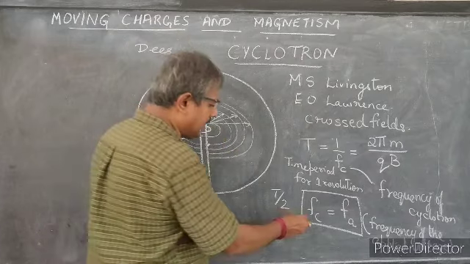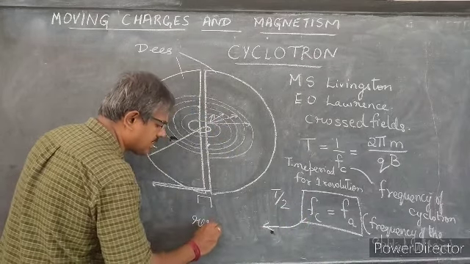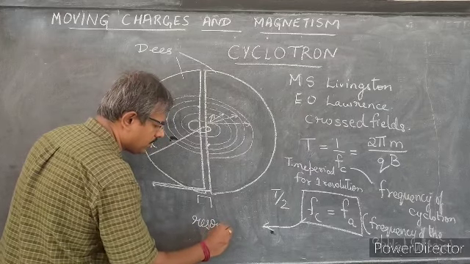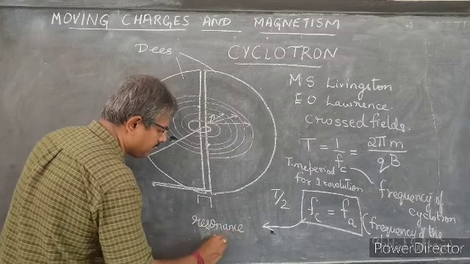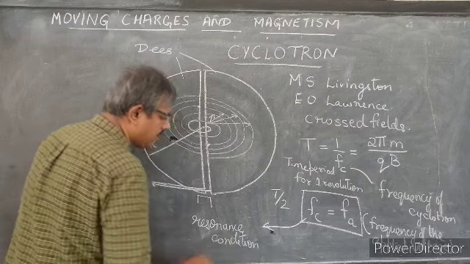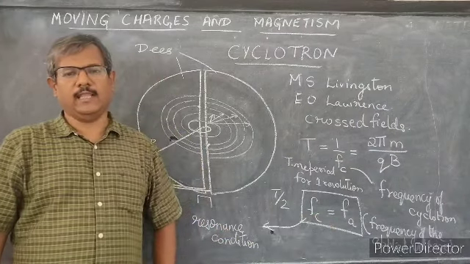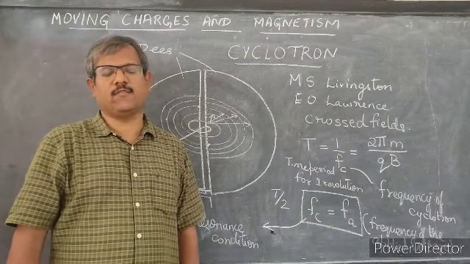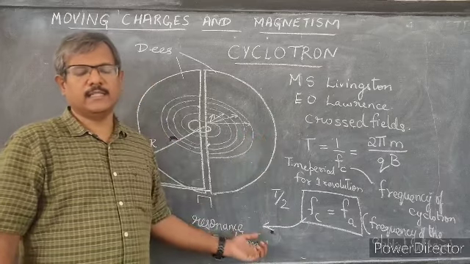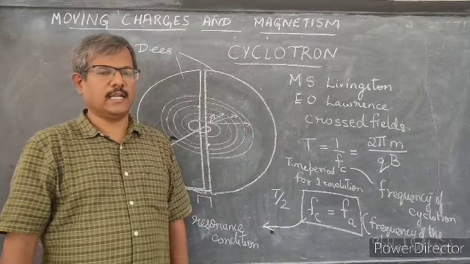This particular condition is what is called the resonance condition. When Fc, the cyclotron frequency, is equal to Fa, the applied voltage frequency of the electric field, then the condition is referred to as the resonance condition.